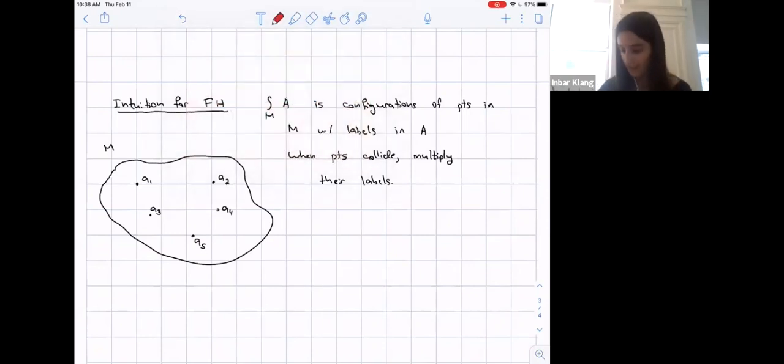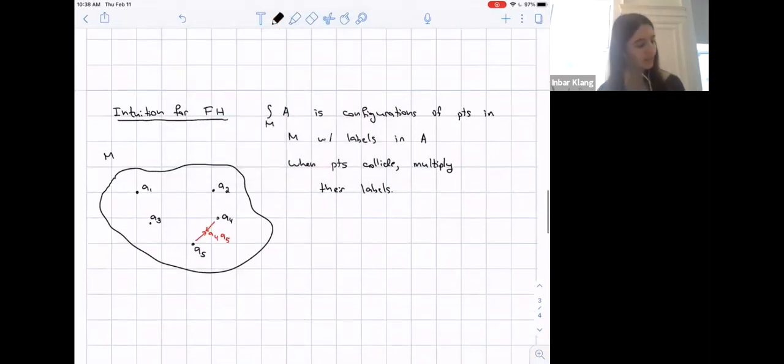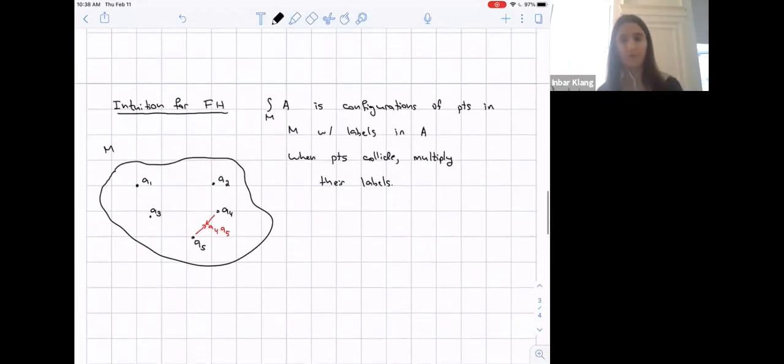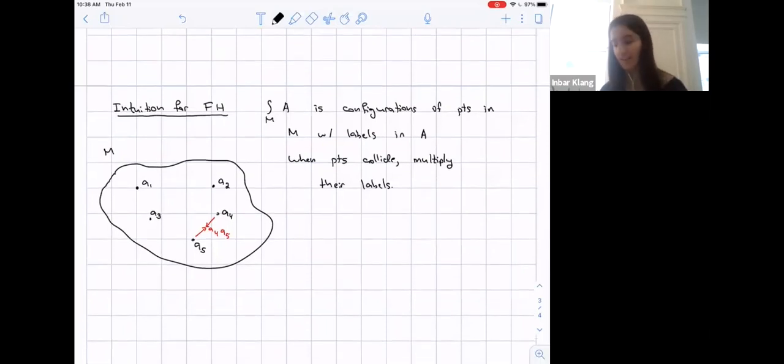So for example, if these 2 points, A4 and A5, collide here, you'll label this point by A4 A5. Right, so there's many ways to make this kind of intuition precise.